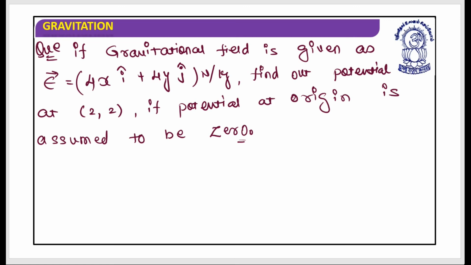What I am supposed to find is this: I have been given the gravitational field, 4x i plus 4y j, and I have been asked for the potential.